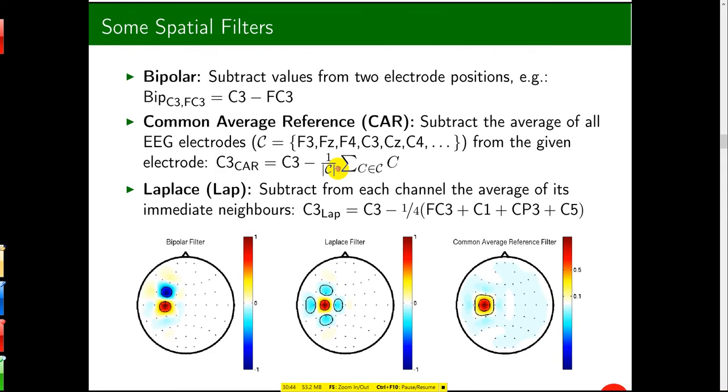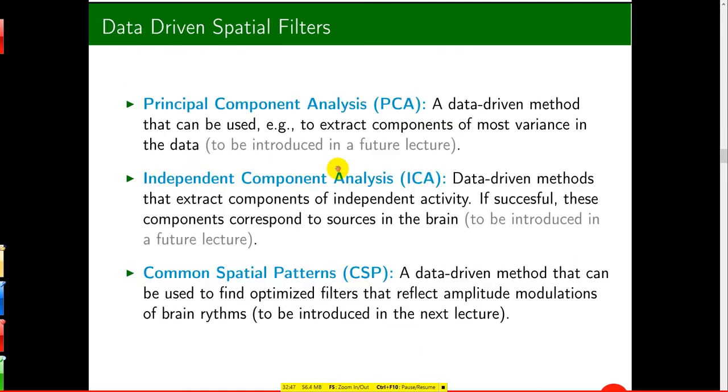C3 has its own time series, and we have some average information around the channels, and that average information is also contained in C3. We are just taking the difference and then obtaining some new form of C3.